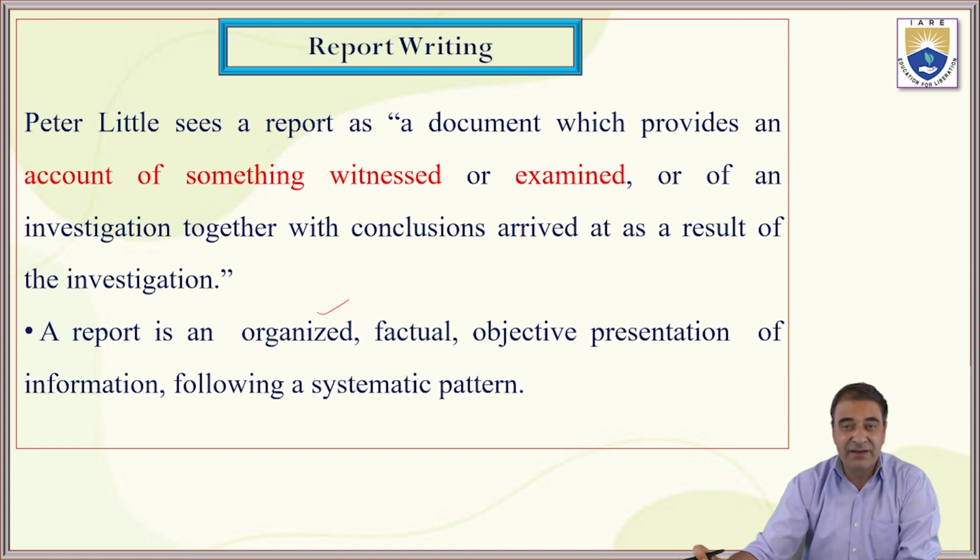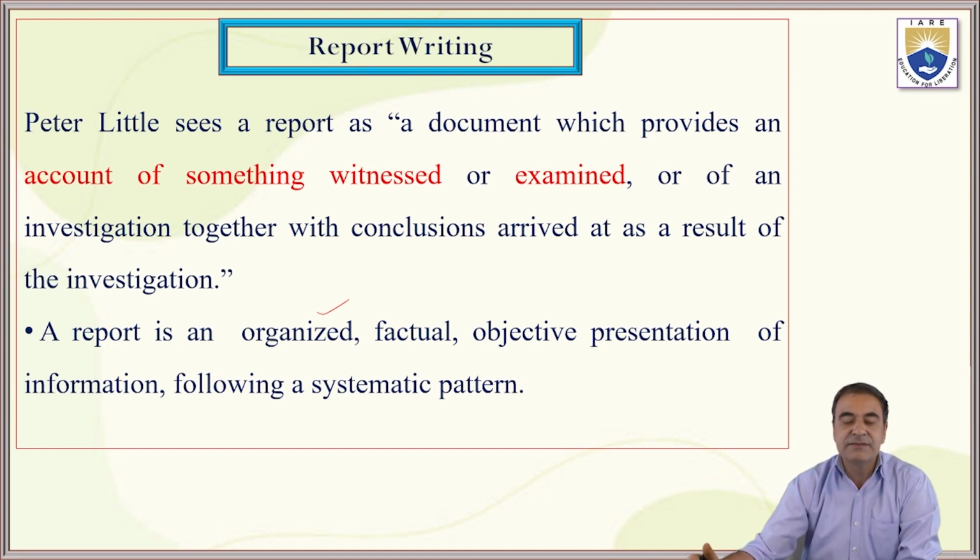Here, everything we write in a report must be in order. There must be spontaneity, a spontaneous flow of information or ideas. Nothing should seem out of place or abrupt.